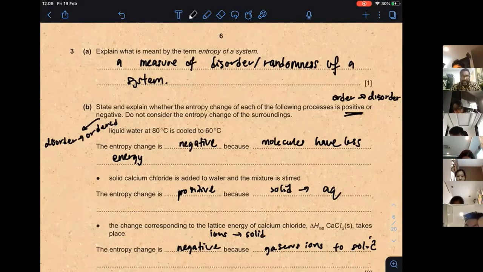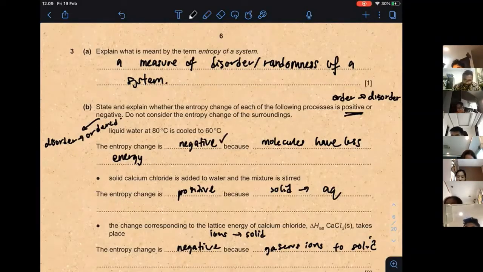Now the liquid water at 80 degrees Celsius is cooled to 60 degrees Celsius. What is going to happen, because there is going to be a decrease in the energy, they are going to become much more ordered. If they are going to become more ordered, then you are going to write it as negative, because now the molecules will have less energy.